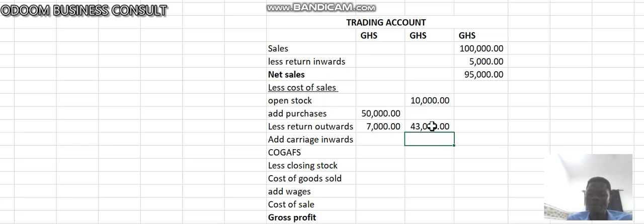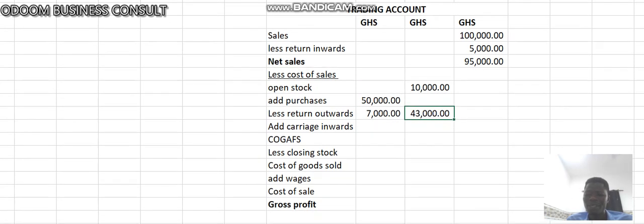That 43,000 is the net purchases. So probably you can bring it to the next line and then name it net purchases, or you can just bring it in line with this one over here. All of them is accepted because the two figures are being presented. So this 43,000 is the net purchases because we made a purchase of 50, we returned 7. So net purchases of 43,000.